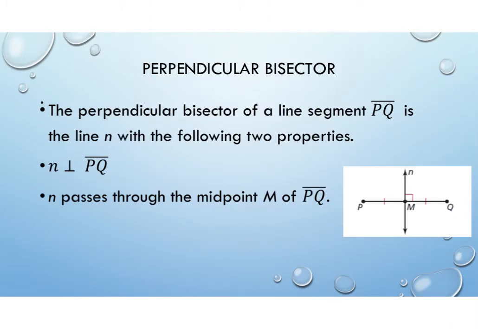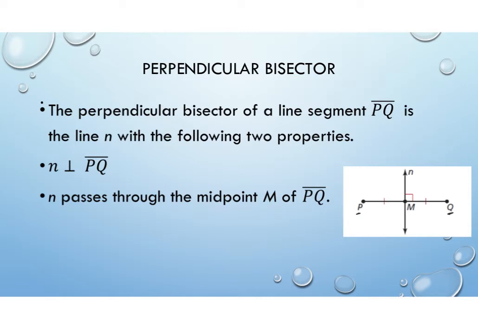Okay, perpendicular bisector. So something called a perpendicular bisector. It's the perpendicular bisector of a line segment PQ is the line N with the following properties. So if we're looking at the line segment PQ down here, that's the distance from here to here, okay? It's going to be line N, and N is perpendicular to the line segment PQ, as you can see.